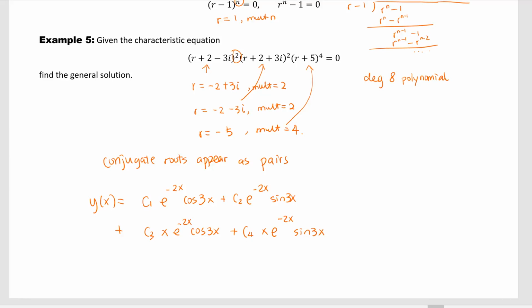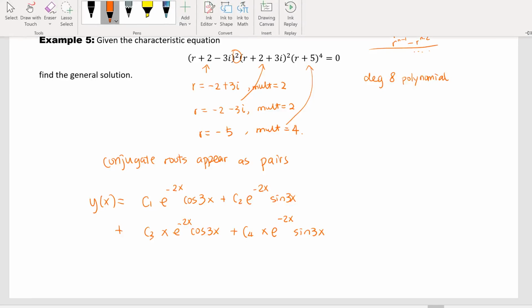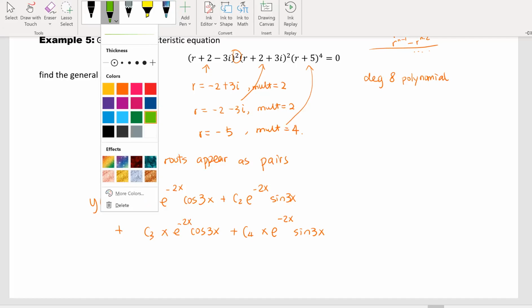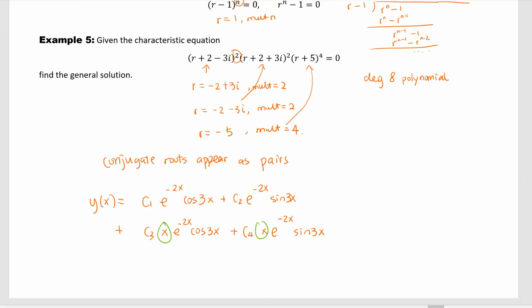So when we have repeated roots, we have an extra x. You can see here the degree is 4, which corresponds to 4 constants: c1, c2, c3, c4. So degree 4 corresponds to 4 constants.